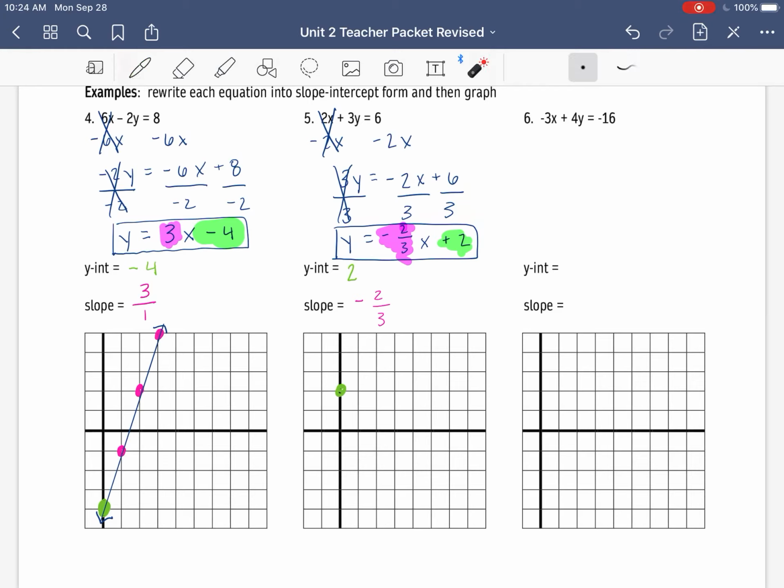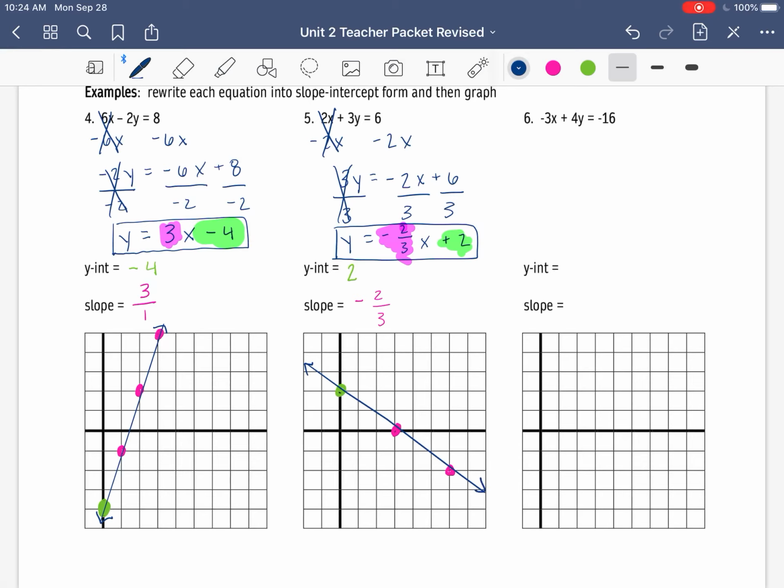And then I'm going to use my slope, negative 2 over 3, to go down 2 because it's negative, and then to the right 3 for my positive 3. So down 2, right 3 would be right here. I'm going to do it again. Down 2, right 3. My next point would run right off the graph, so I've got enough points to draw a line. As close as I can through those points. And then I'm going to put my little arrows on the end.